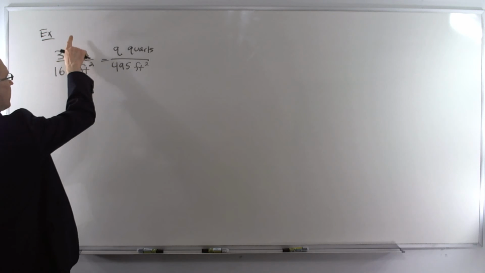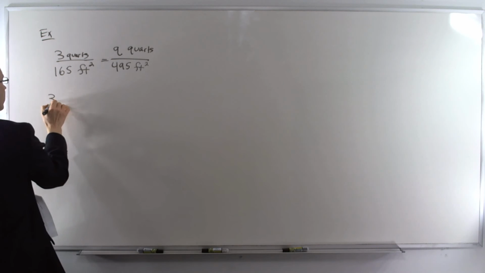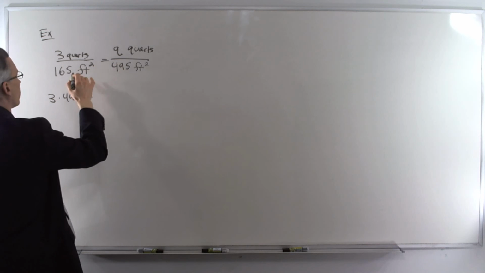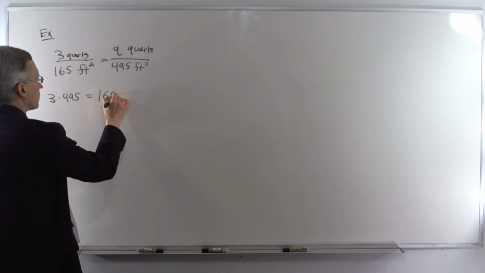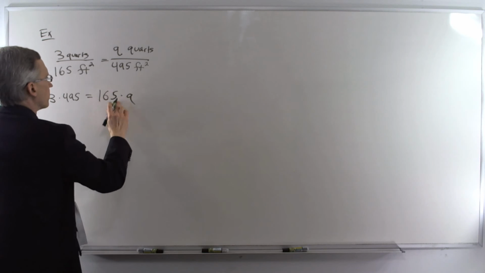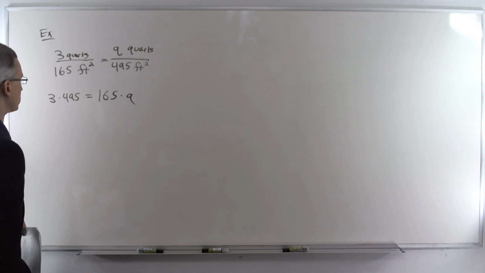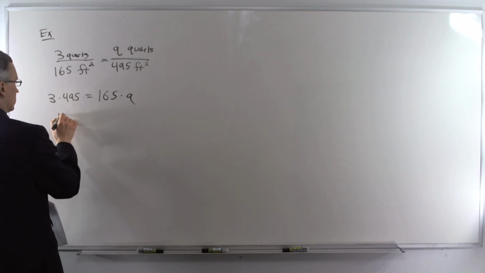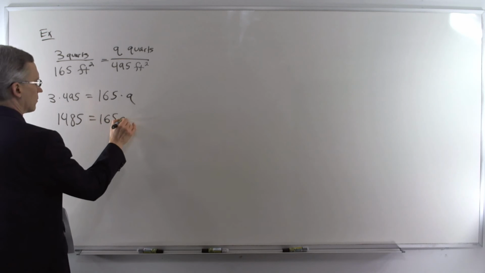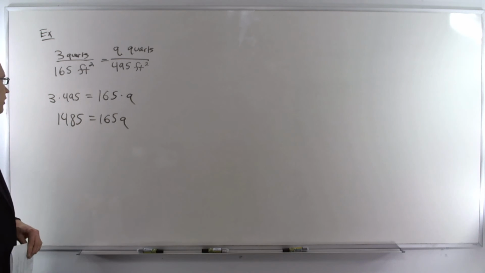We're going to cross multiply. 3 times 495 equals 165 times Q. And now multiplying here, 3 times 495 gives us 1485.